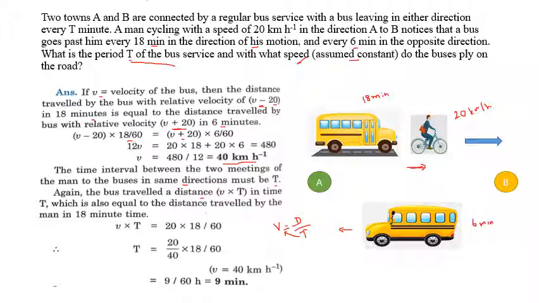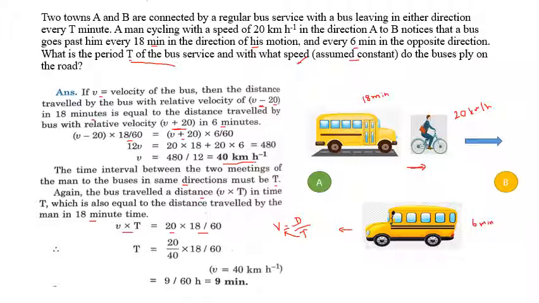In time T, which is also equal to the distance traveled by the man in 18 minutes. Is that clear? So V into T is the distance, equal to 20, the speed of the person, into 18 divided by 60, the time taken. So what is T?